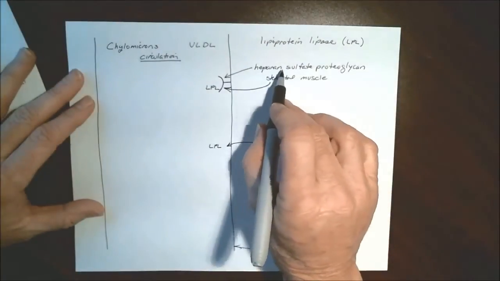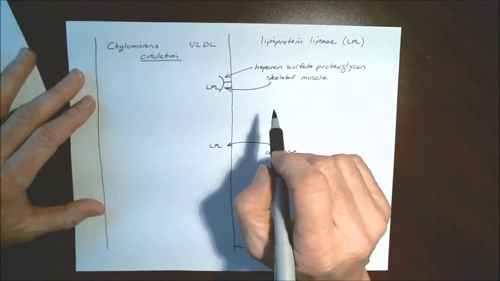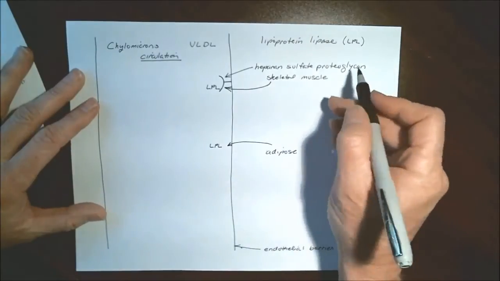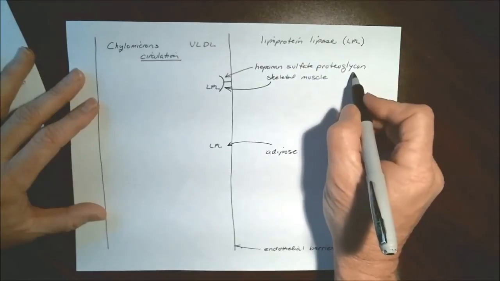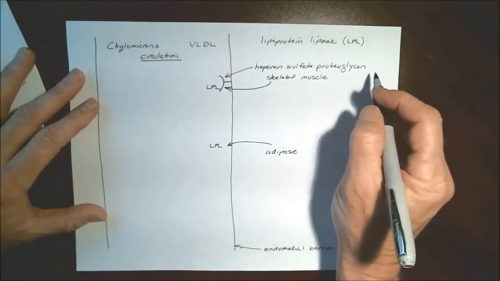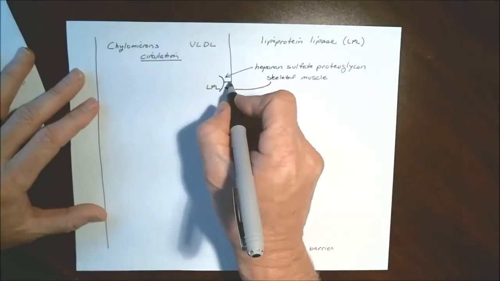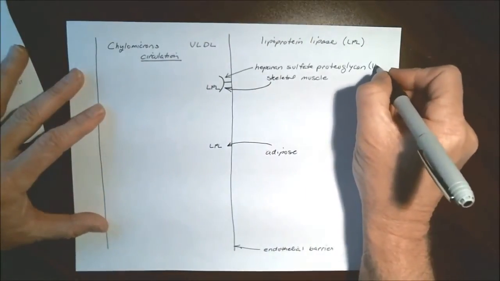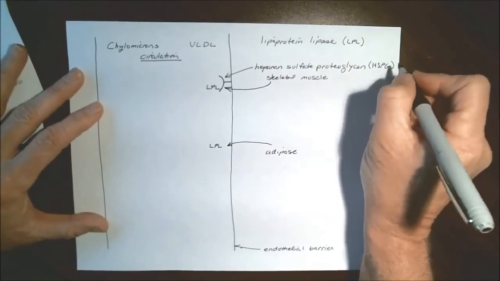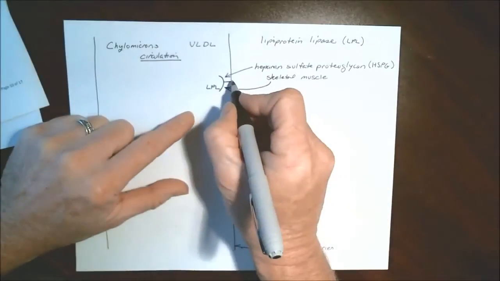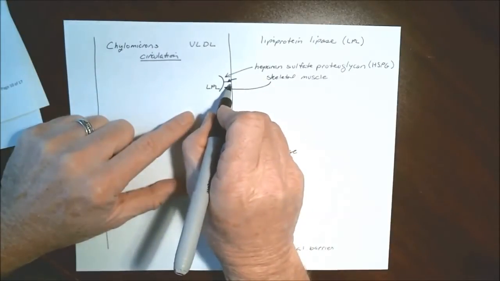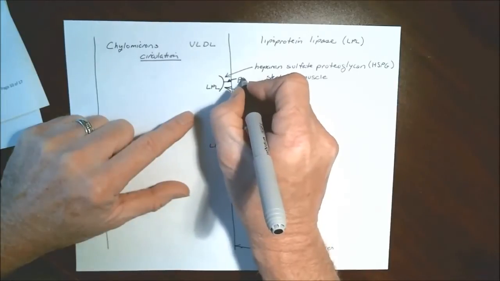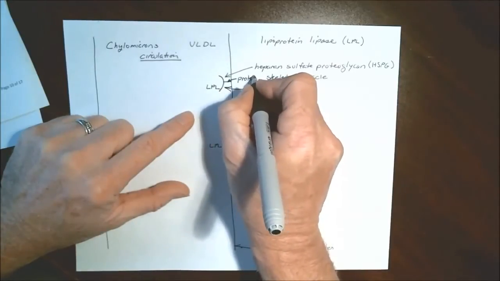The heparan sulfate represents the carbohydrate portion of this molecule. The proteoglycan means that it is a protein with a carbohydrate modification to the protein. The structure of this heparan sulfate proteoglycan, abbreviated HSPG, is tethered to the surface of the endothelial cell by a protein core.